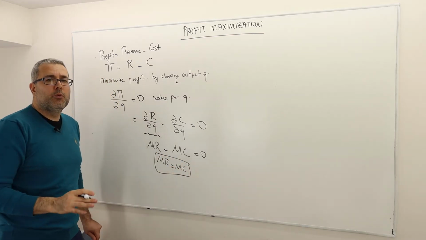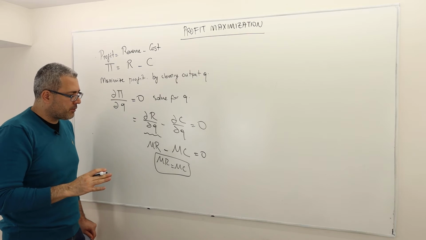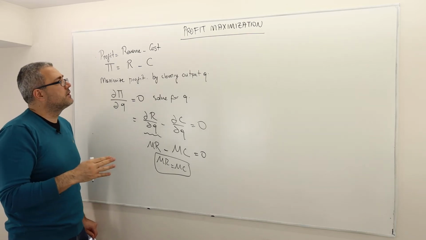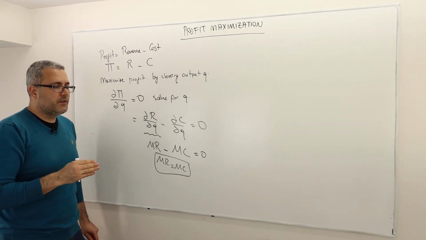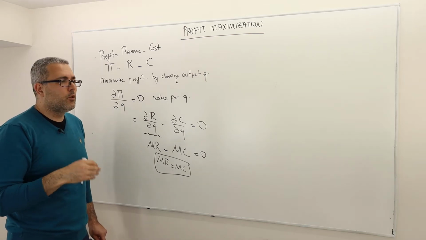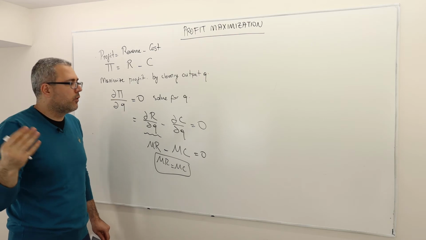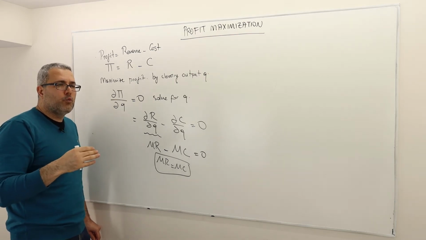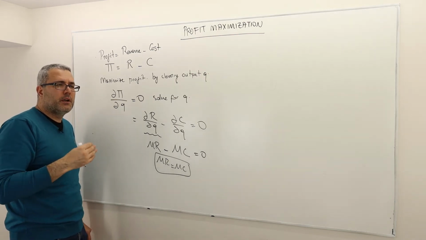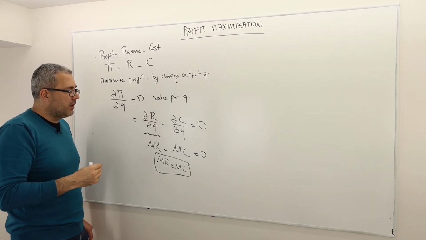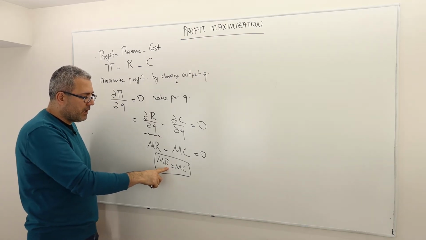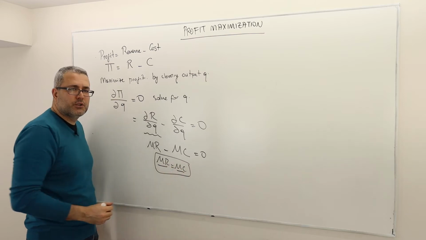So the very important lesson that you should remember for the rest of this course is the following. Whether this is a perfectly competitive firm or a monopolist or oligopolist, which we will later talk about, if a firm wants to maximize its profit by choosing its quantity, it has to choose its quantity where its marginal revenue equals marginal cost.